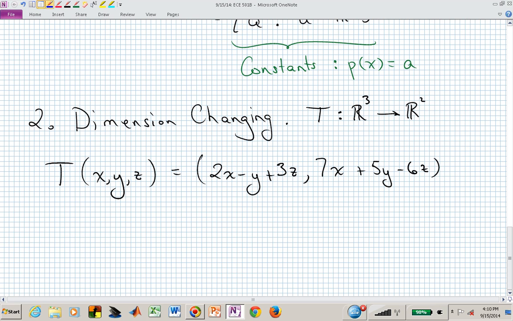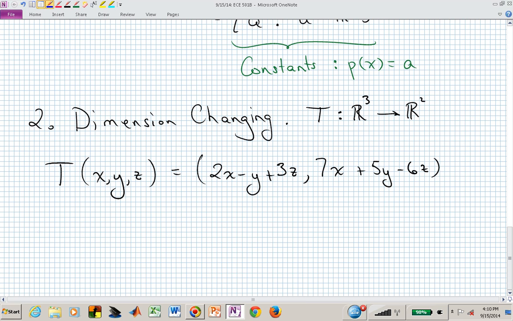And in order to find the null space of this mapping, what points x, y, z are such that when you place them into these relationships on x, y, and z, they will yield zeros? That's what we mean by the null space.